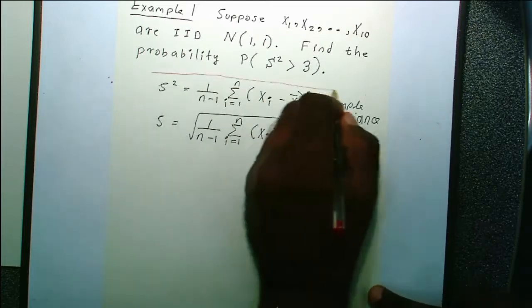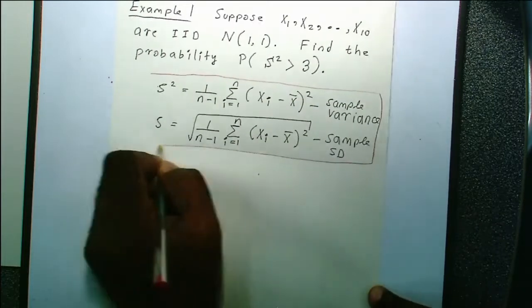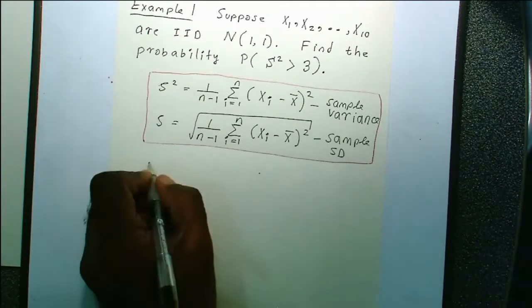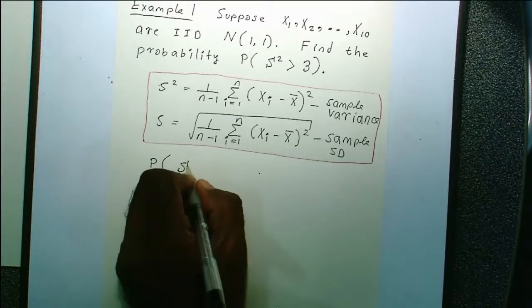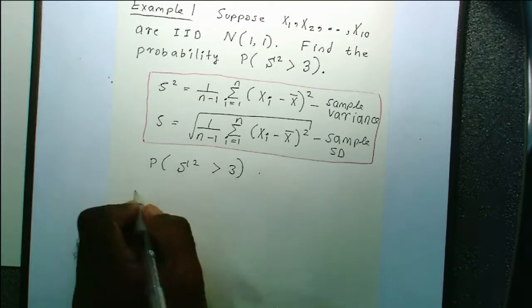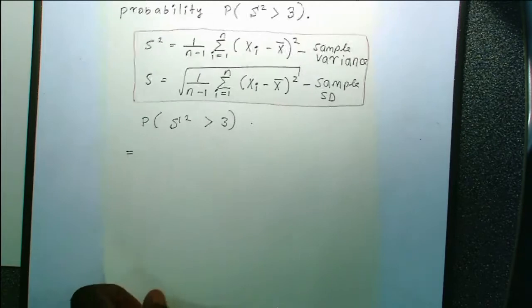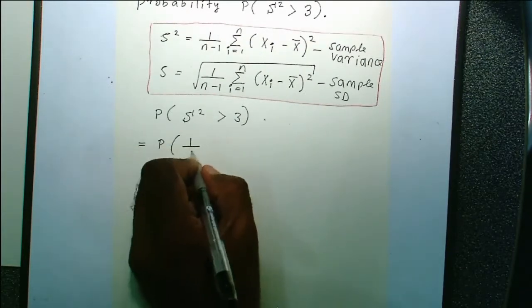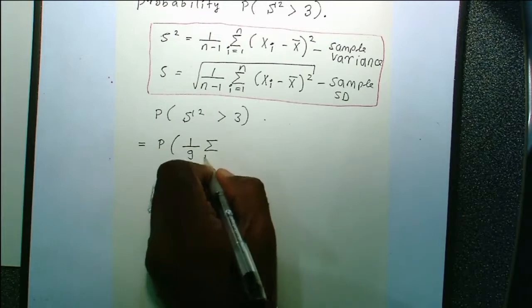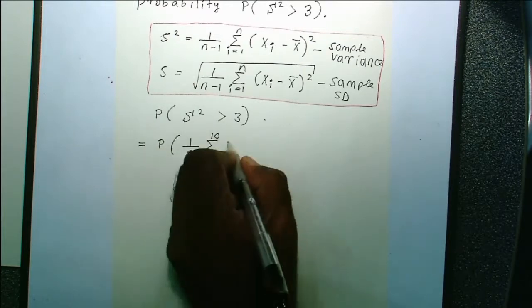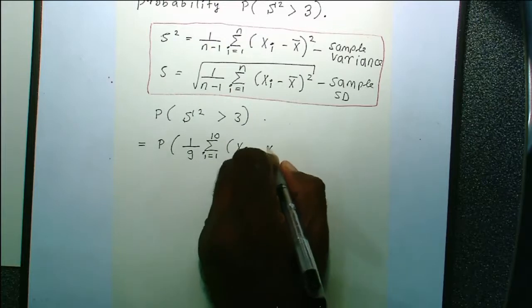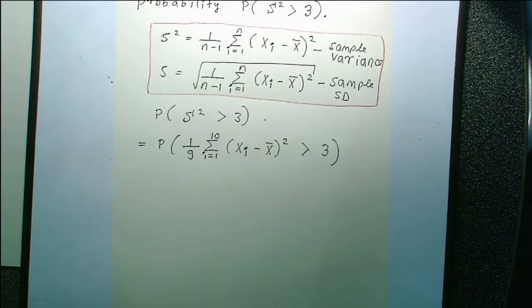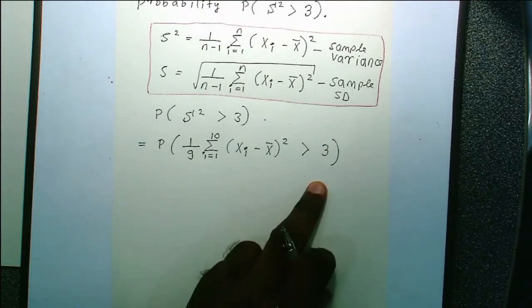All right. So returning to the question, we want to find the probability that S squared is greater than 3, okay? Which is the same as saying that, all right, we want to find the probability that this is greater than 3.